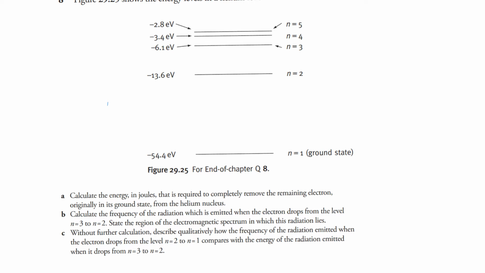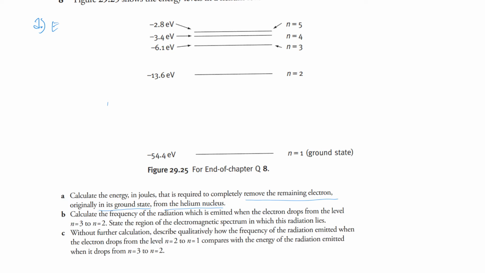Calculate the energy in joules that's required to completely remove an electron in its ground state from the helium nucleus. So whatever is the ground state energy, we will use the same amount of energy to completely remove it from the nucleus. So our answer for A will be here.